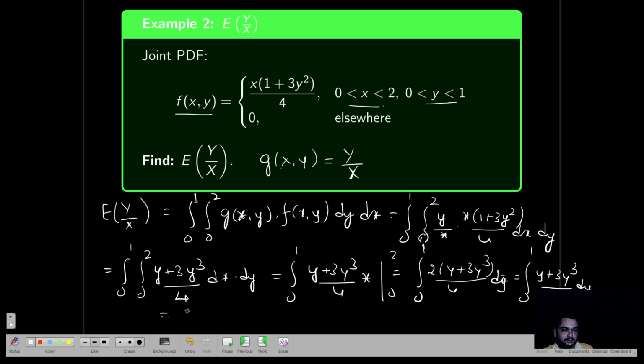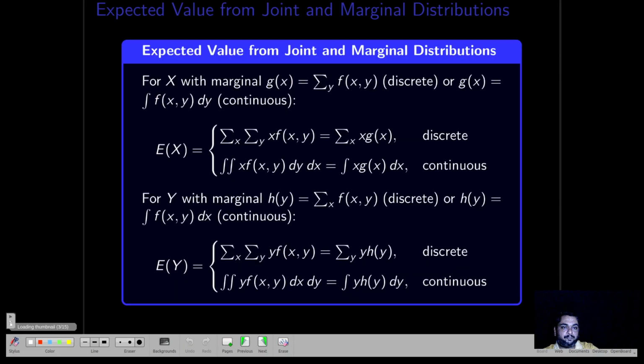To further integrate this, we get 1 by 2 into (y square plus 3 into y to the power 4 divided by 4), and evaluate the definite integral. 1 by 2 into (1 plus 3 by 4). This will be equal to 7 by 8. Okay. That's it.